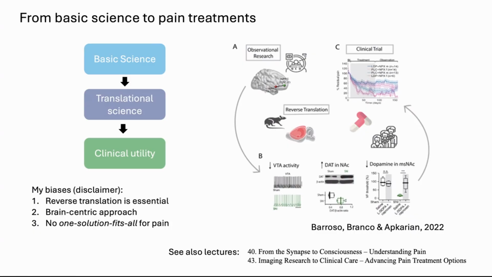So the second thing that I wanted to acknowledge is that in order to make this lecture appealing to physicians, I will discuss mostly findings that follow what we call the translational and reverse translational approach. So what this means, and I try to represent this on this figure on the right, is that we first try to understand the human condition that we want to treat, and then we go back to animal models, preclinical models, to actually tap into the mechanisms using basic science, test new interventions, and then try them again on humans once we know exactly what mechanisms to tap.